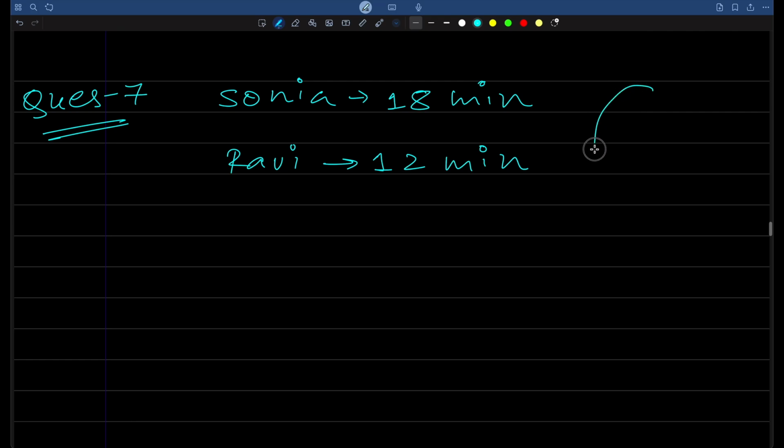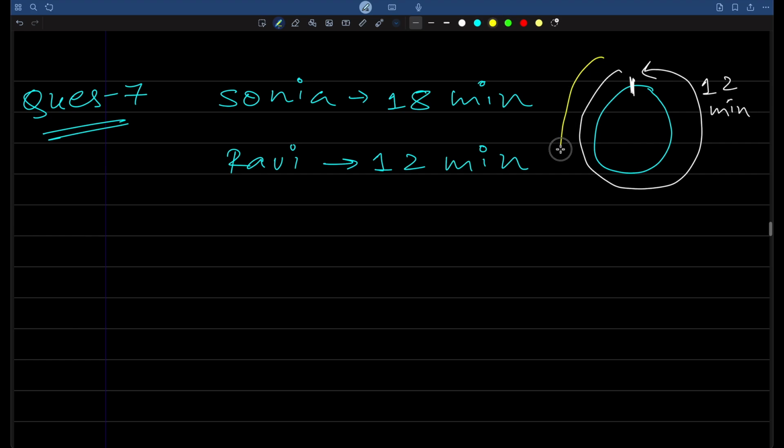So there is a circular field, and from a given point both start. Ravi takes 12 minutes and Sonia takes 18 minutes to complete a round.